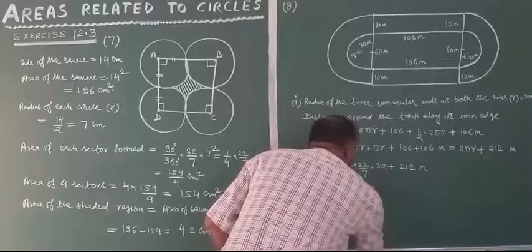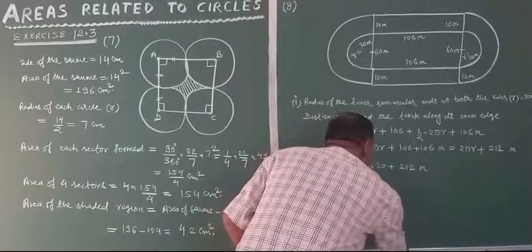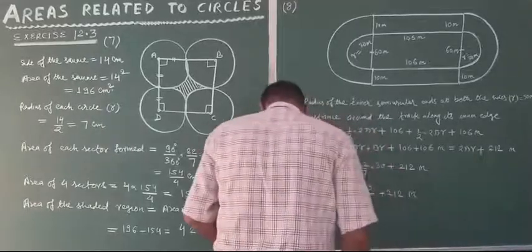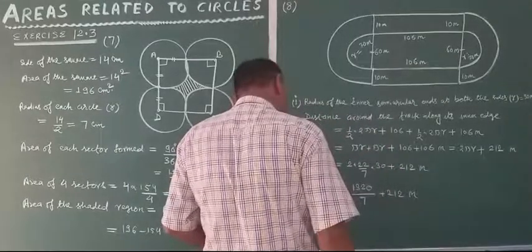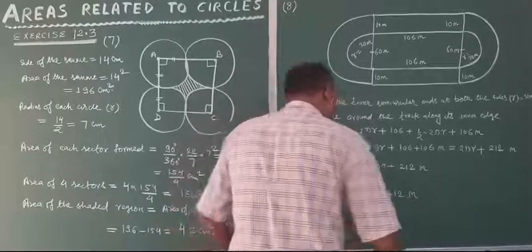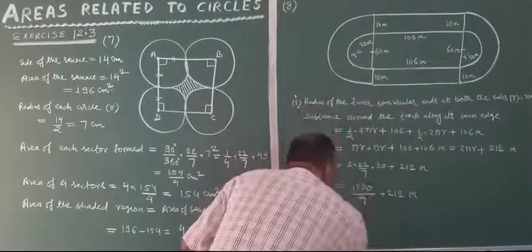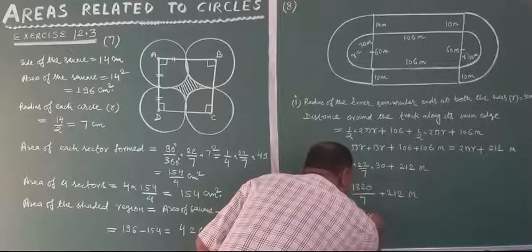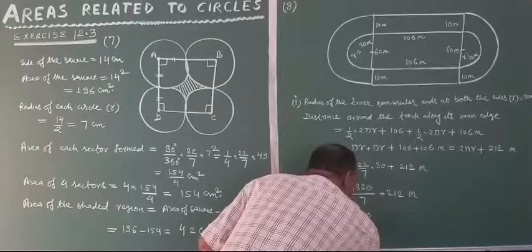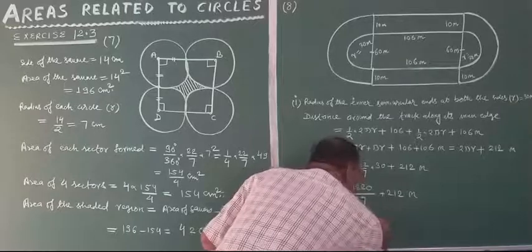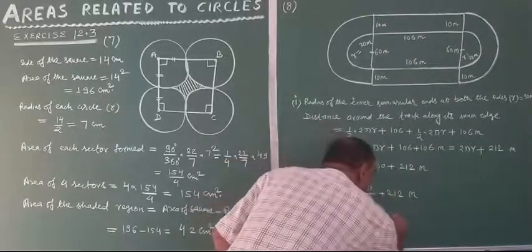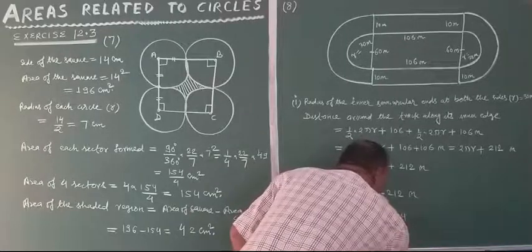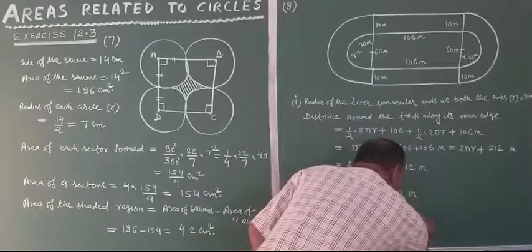1320 upon 7 plus 212 meter. Okay, now take the LCM. You will get 1320 upon 7 plus, just multiply this 7 here. 7 2 is 14 and upon 7, add them.